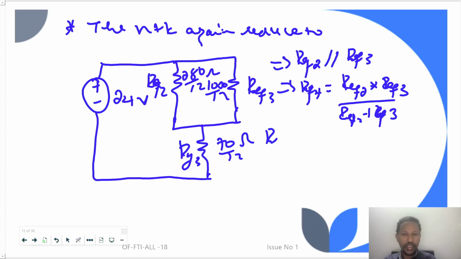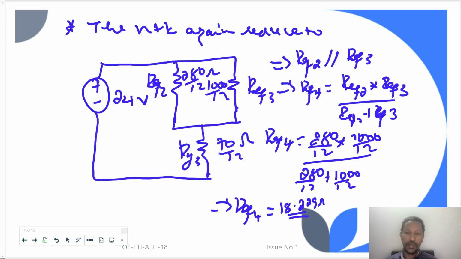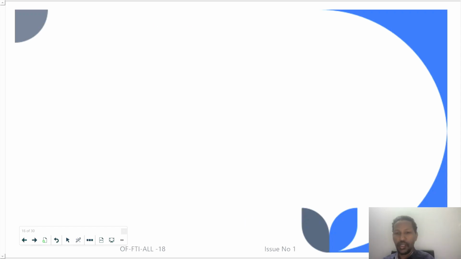So R equivalent 4 equals 280 over 12 times 1000 over 12, over 280 over 12 plus 1000 over 12. When you simplify, R equivalent 4 is approximately 80.229 ohm. Using this value, you can reduce the network again.